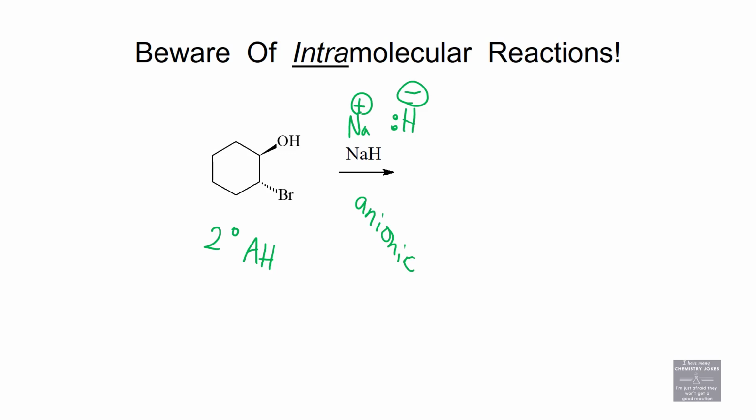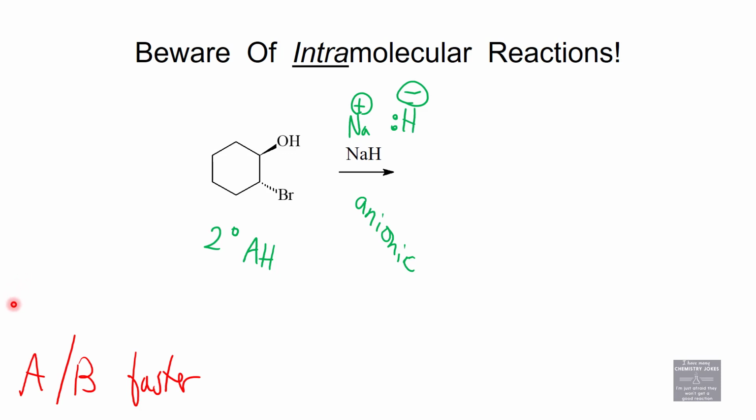Wait, what? So sometimes atoms can be a nucleophile, and sometimes they could be a base. Sometimes, depending on the substrate, they could be either. Any time it has the option to do something as a base and the option to do something as a nucleophile, the acid-base reaction happens faster than the nucleophile reaction.